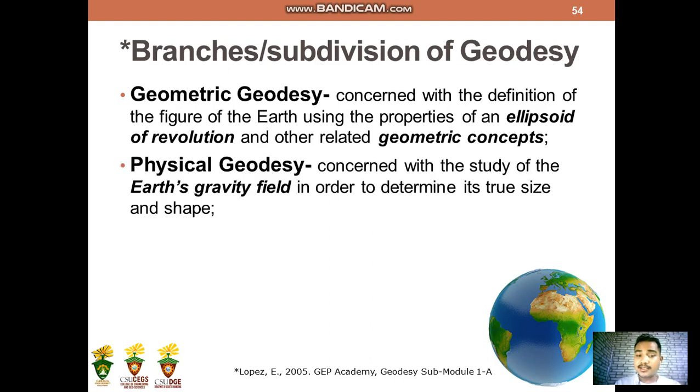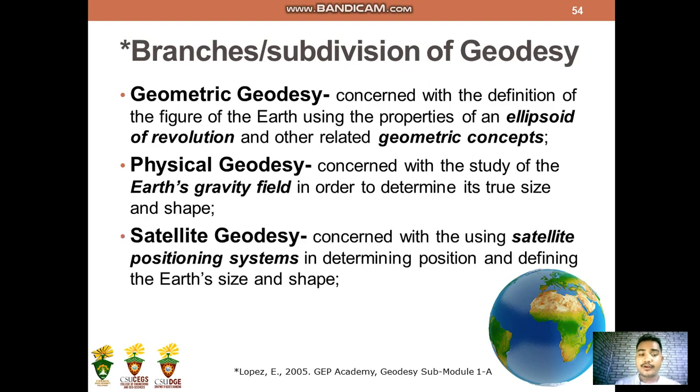Physical geodesy is concerned with the study of the Earth's gravity field in order to determine its true size and shape. Satellite geodesy is concerned with using satellite positioning systems in determining position and defining the Earth's size and shape.